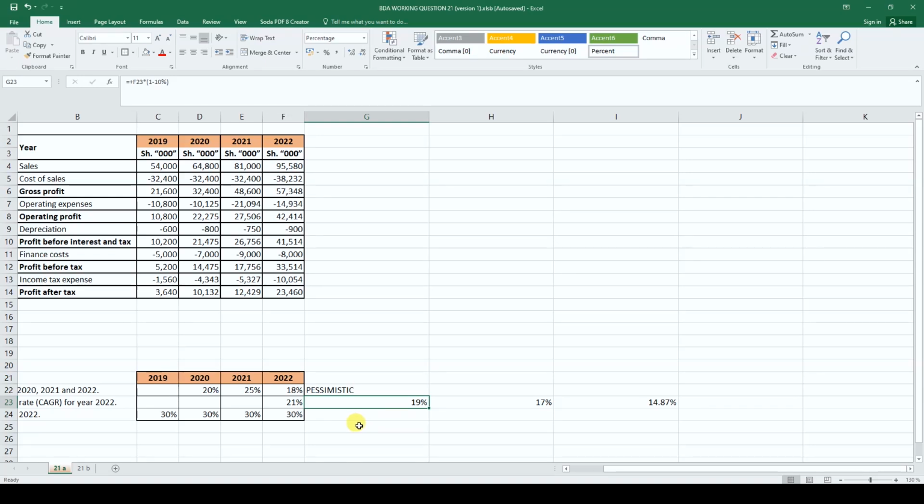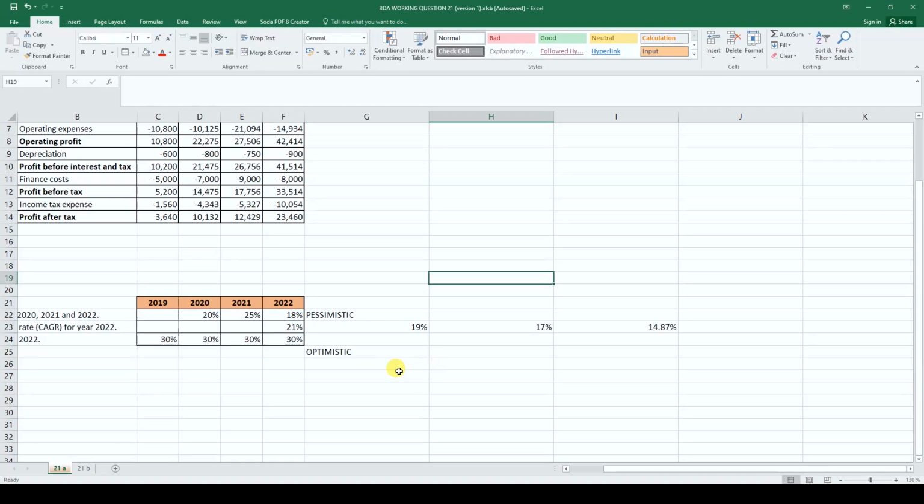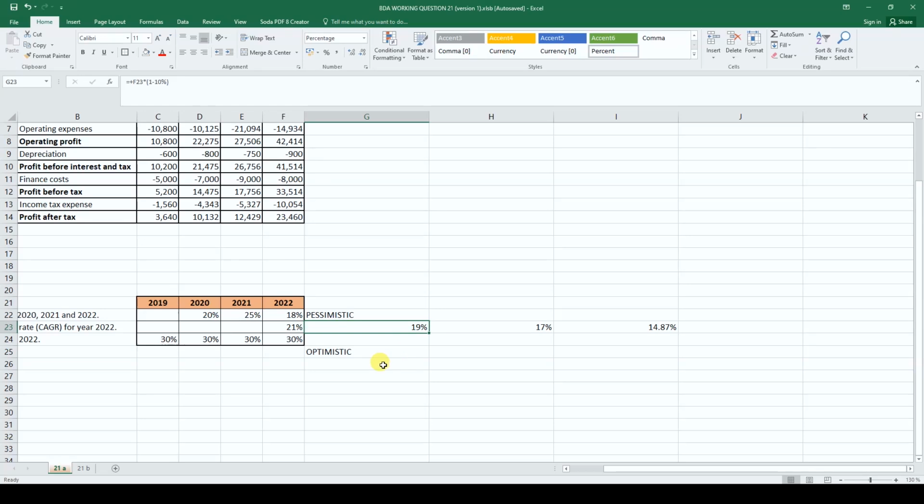So you can come over here, optimistic, here, and say that it is plus this one, plus this one times, open the brackets, 1 plus, not minus, 1 plus 20%.